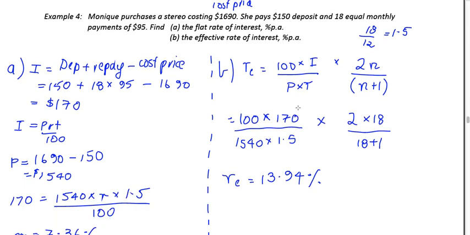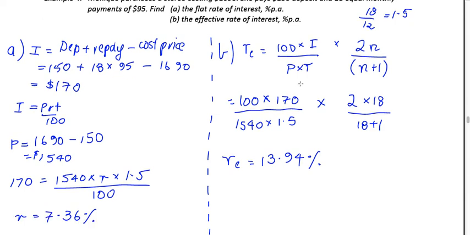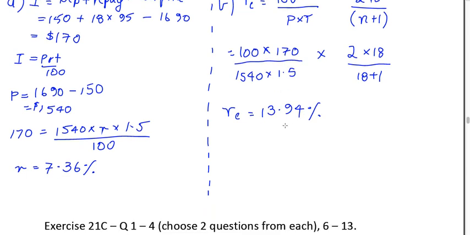So the amount of interest that we were paying was actually a lot higher because the principal was getting smaller and smaller, but the amount of interest we were paying was staying the same. Therefore, the effective rate of interest, you can see with this example, it wasn't quite double, but it's almost double. So it's almost 14, doubling 7.36, so to take us over 14, sorry.